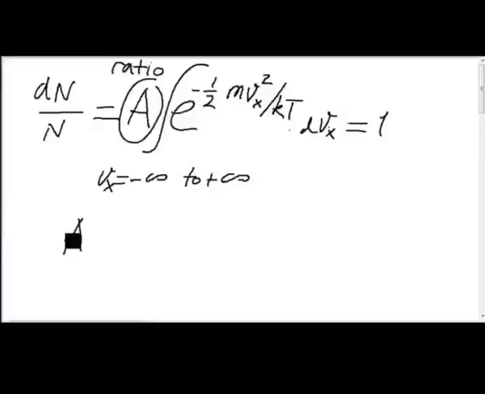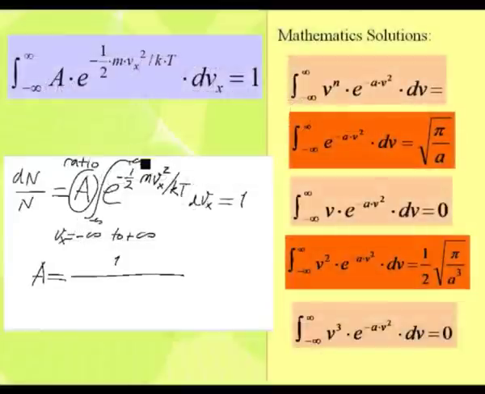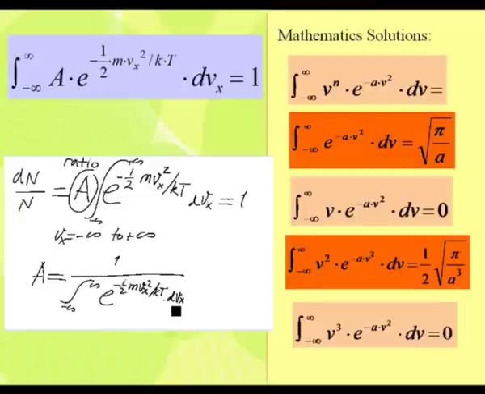So A is equal to 1 divided by the integral from minus infinity to plus infinity of e to the power of minus m Vx squared over kT dVx.